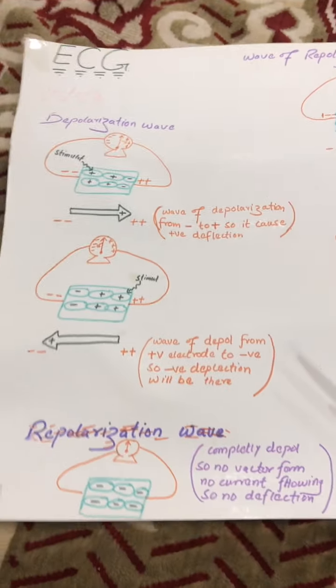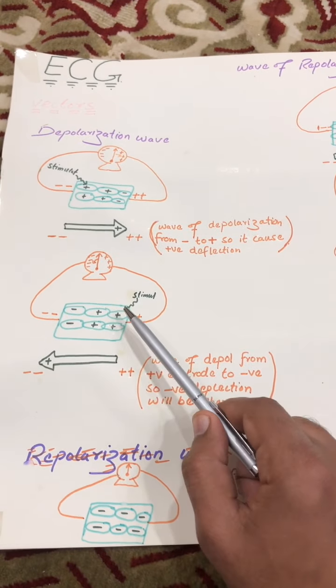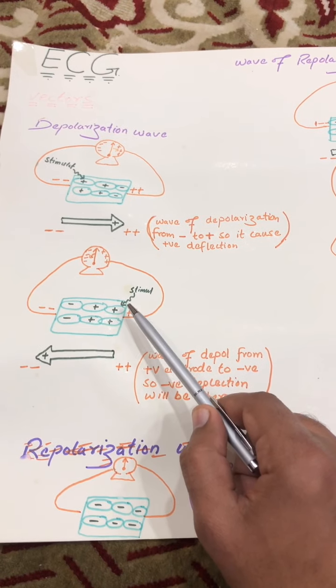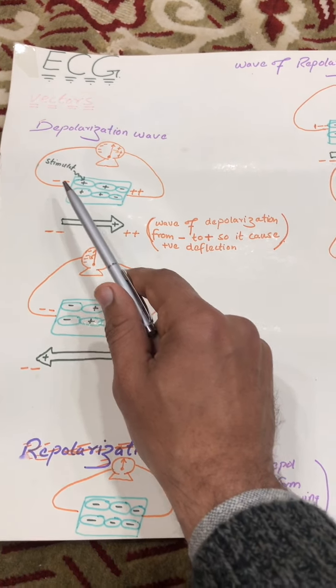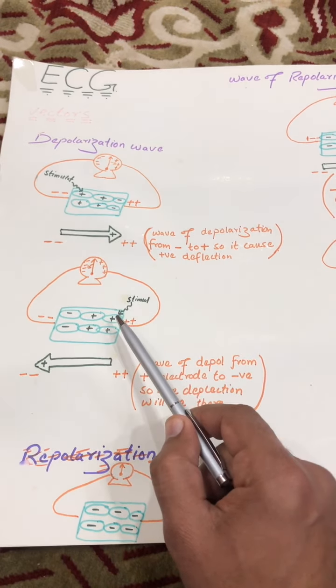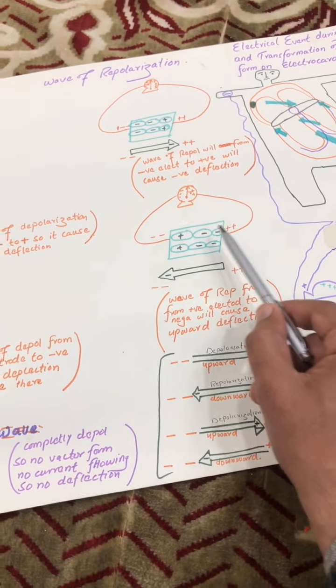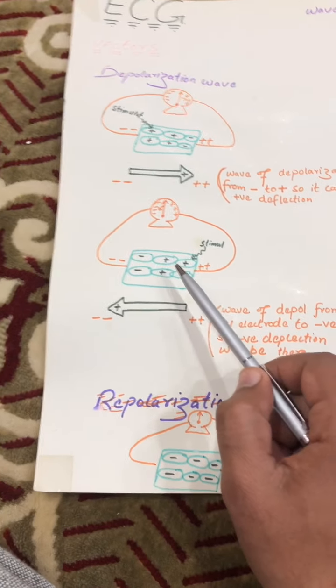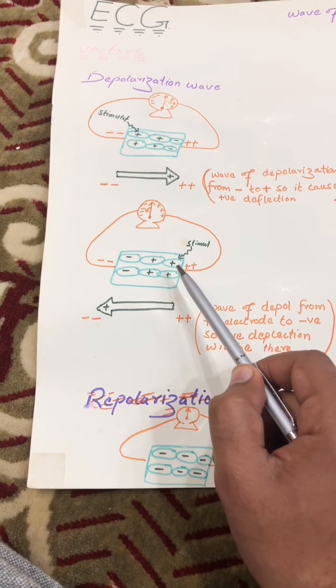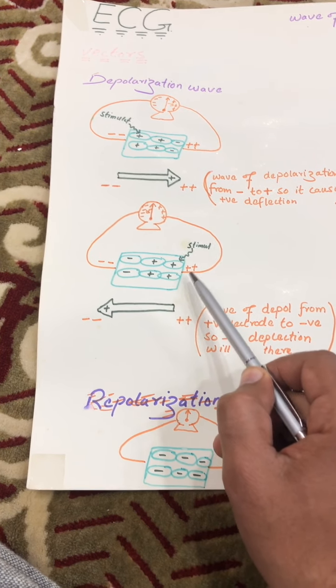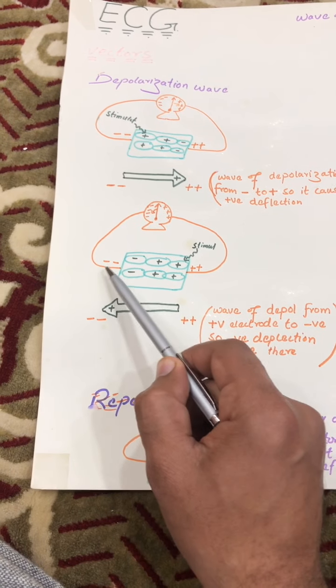Okay, here now we are going to stimulate the tissue from this side. Now we're gonna stimulate it from this side. This will be depolarization, and here we will study its repolarization. So the depolarization wave is going from the positive electrode. See, this is positive and this is negative.